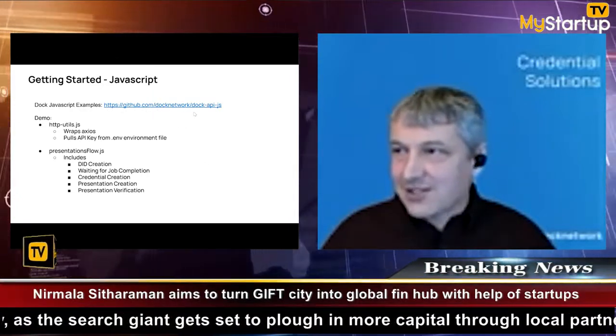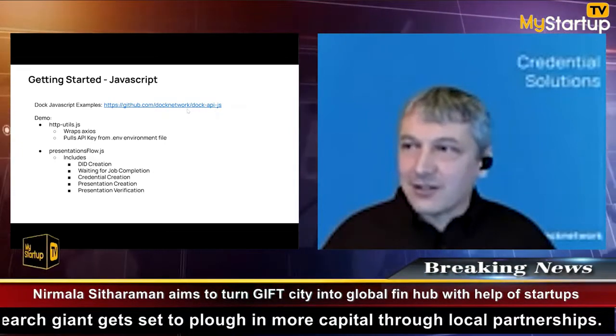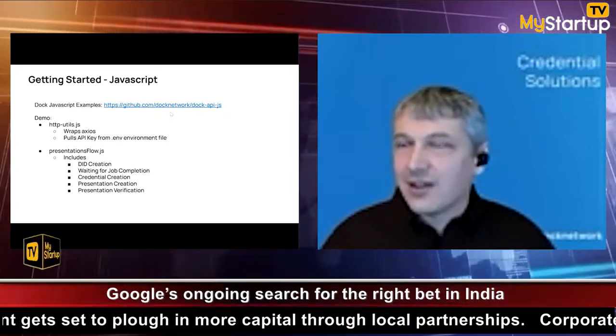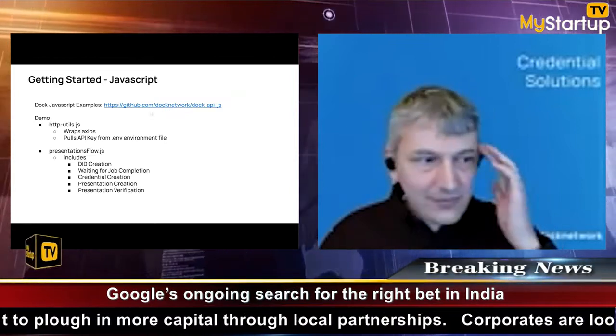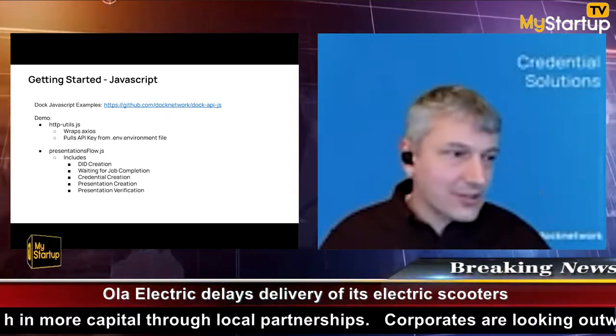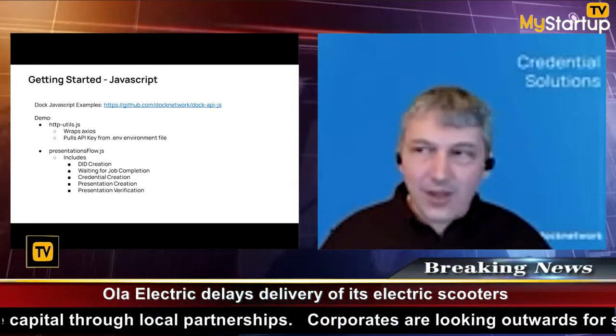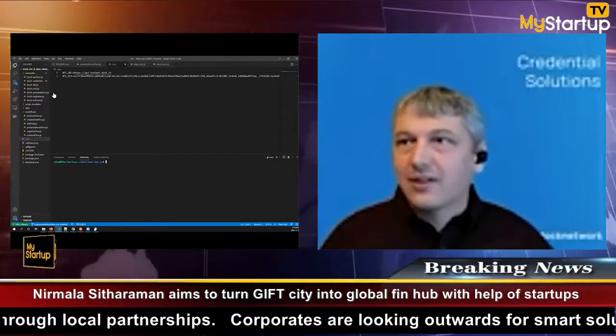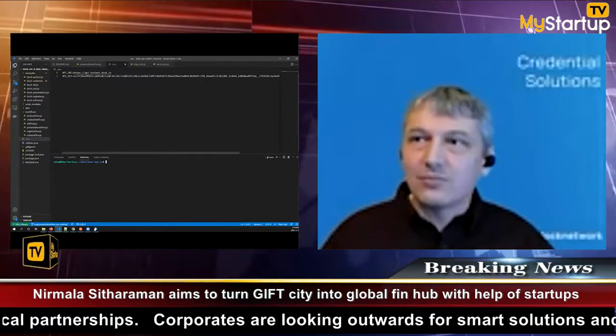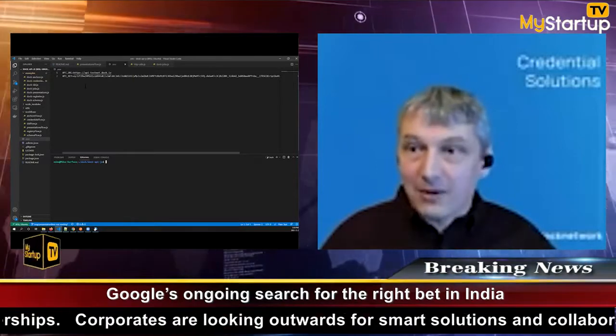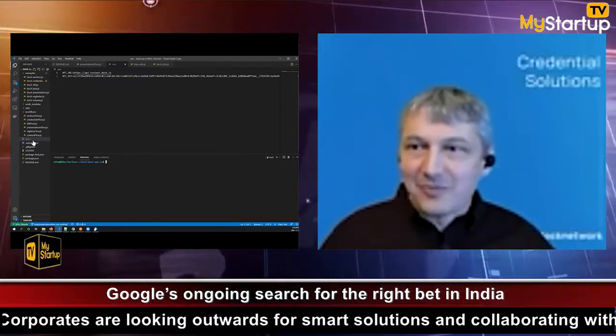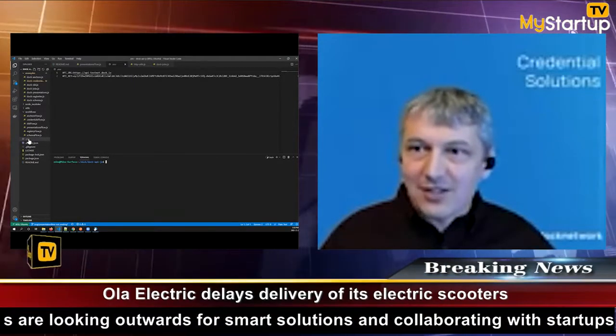So again, if you go to this open source project on our GitHub, you can take a look at it. Let me pull that up and I'll show you a quick run-through of how that works. When you clone this repository down, all these files will be here except for this .env file.